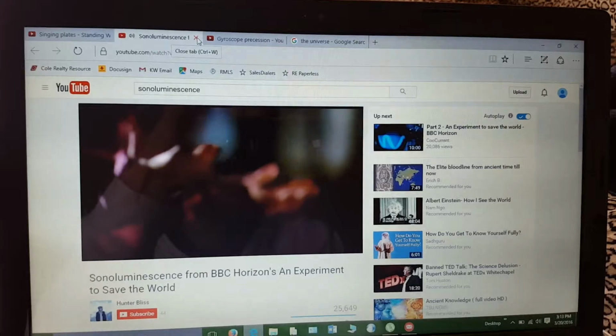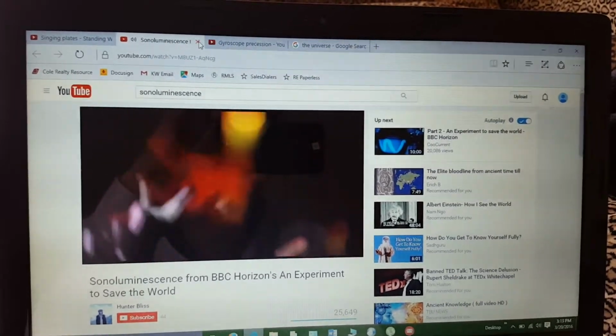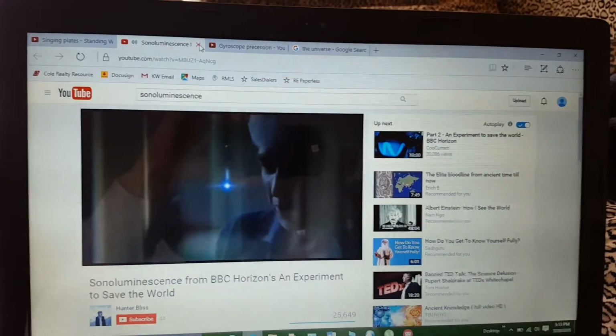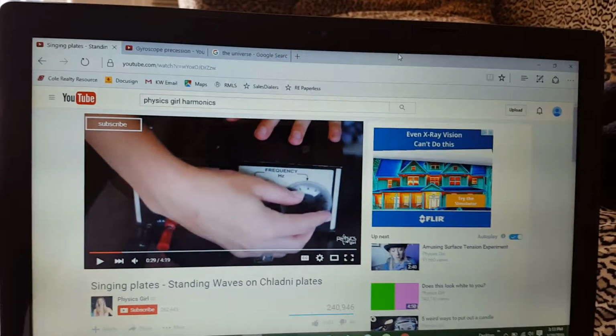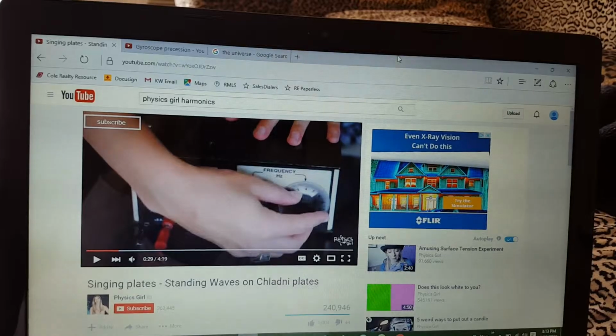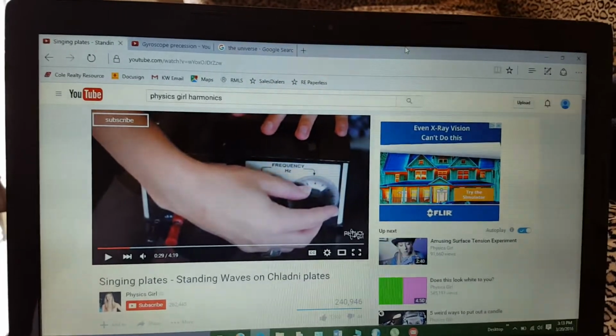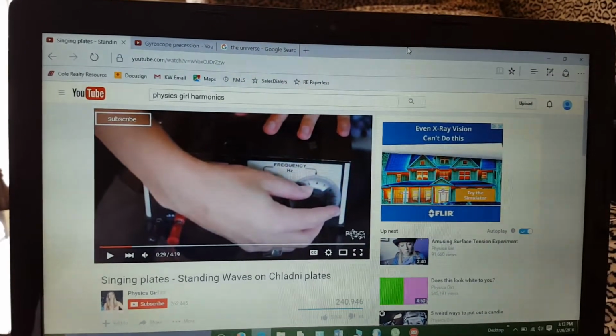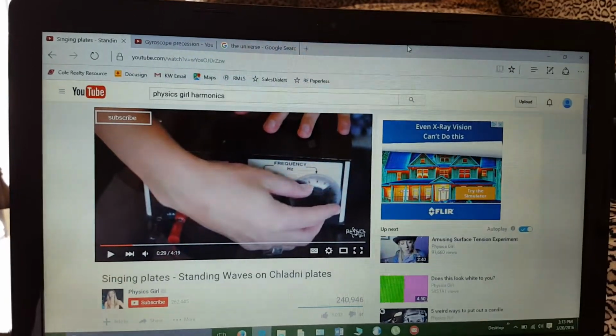And you can hear that light and intense amounts of heat are being generated. So the idea is that light is being created by implosion of sound. That's why atomic weapons are so bright.